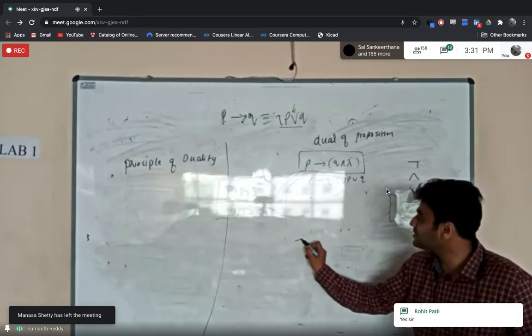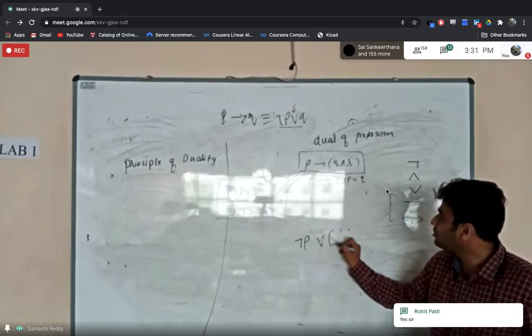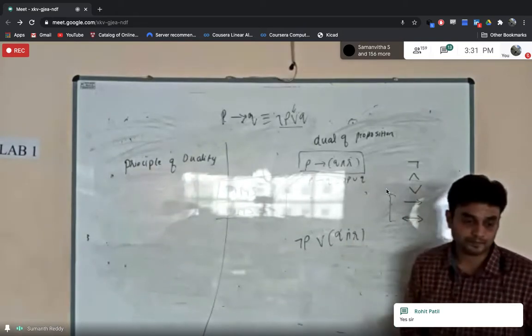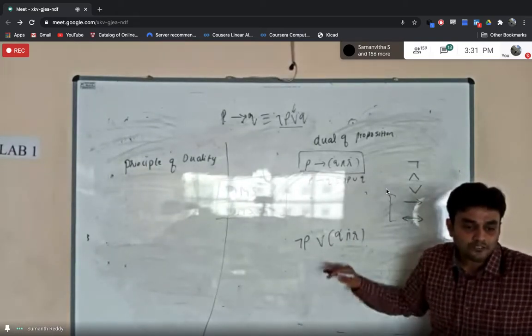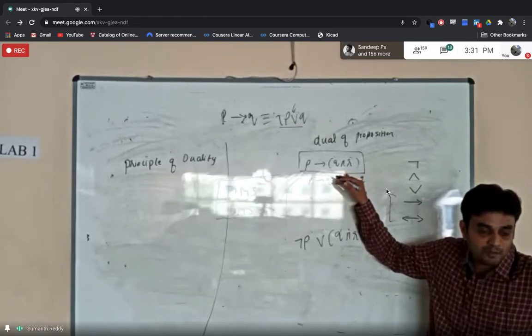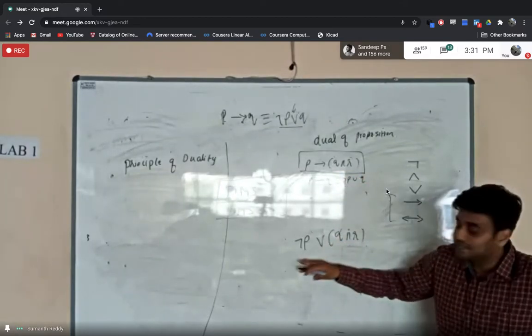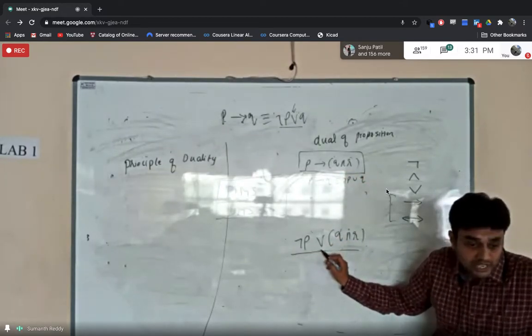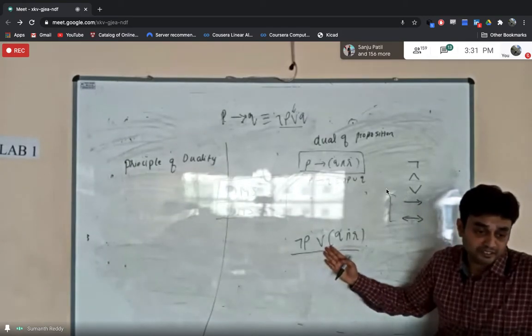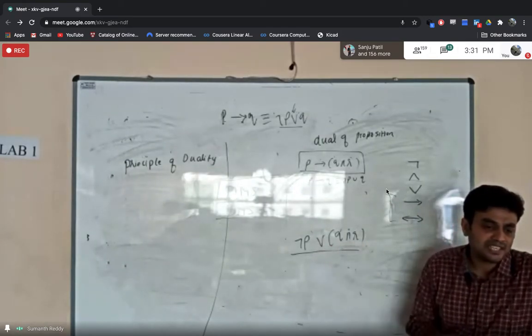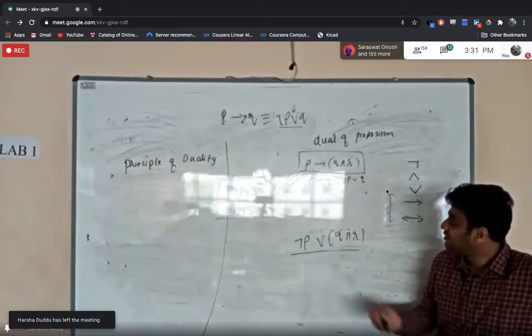This can be written as negation of P or (Q and R). Now, after simplifying the above compound proposition, this simplified form has only basic connectives, so now you can easily find the dual of this.